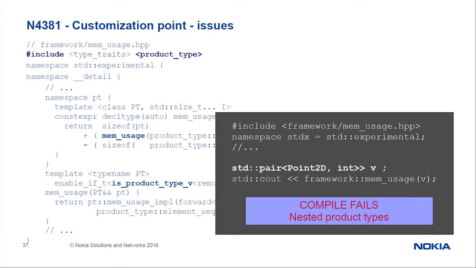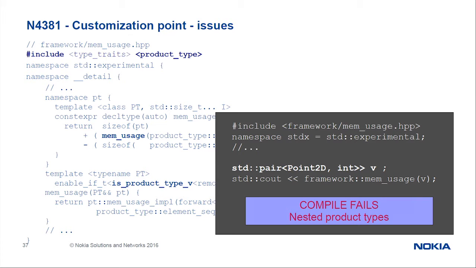Pair of another product type will not work neither, because we are using here something, and we need to define the definition for product type is there. Then, when we have a concept that we need to call to the customization point recursively, this will not work.